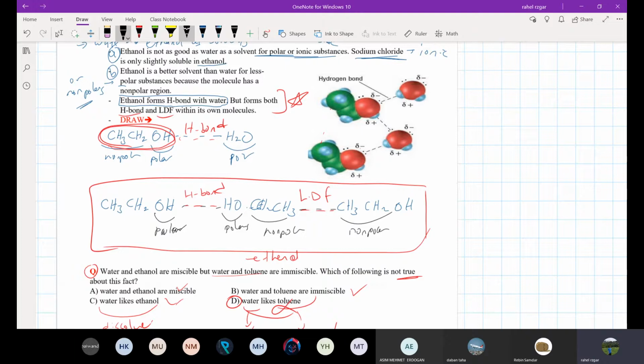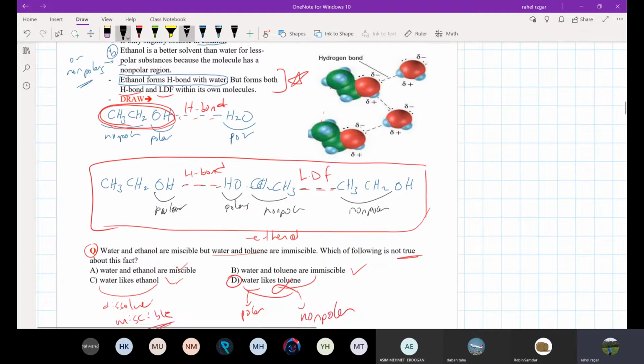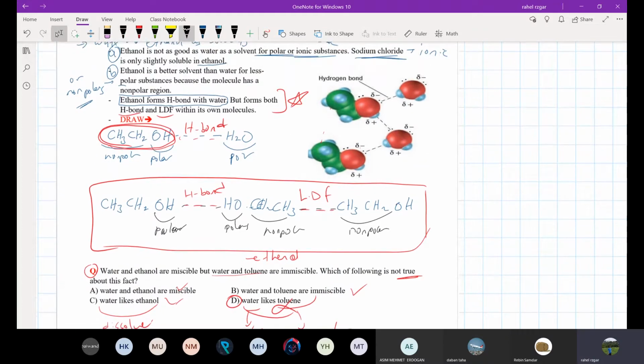And we talked about the interaction forces between polars and nonpolars. Between polar sites, the interaction is hydrogen bond. But between nonpolars, the interaction is London dispersion forces. For example, ethanol will bond with H2O by hydrogen bond, and the H2O will form the hydrogen bond only to the polar region of the ethanol.